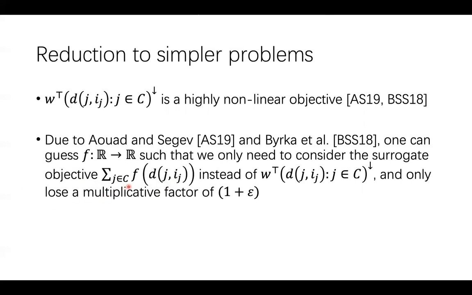By doing that, we only lose a multiplicative factor of 1 plus epsilon if we solve the new problem and use that solution directly as a solution for the original. I should also mention that the complexity of guessing this function will be exponential in 1 over epsilon.